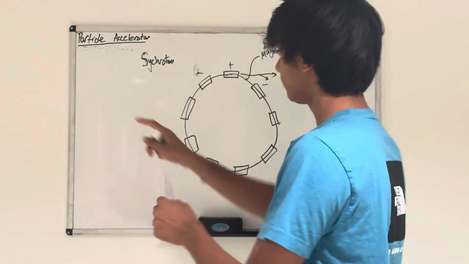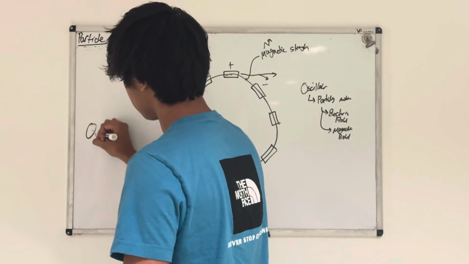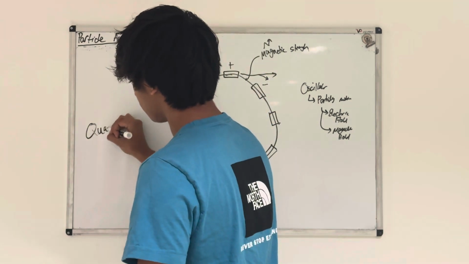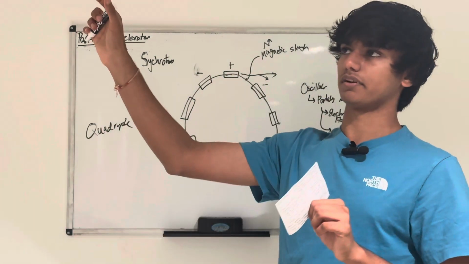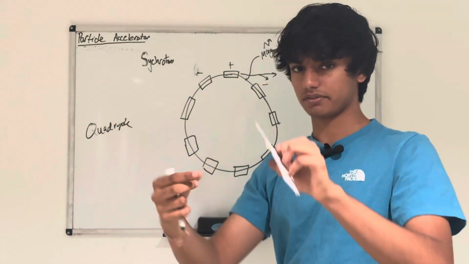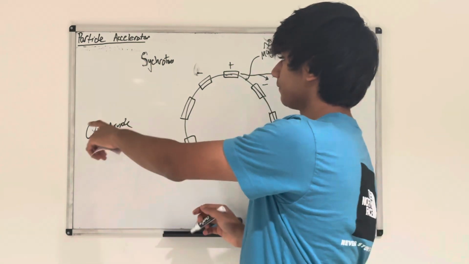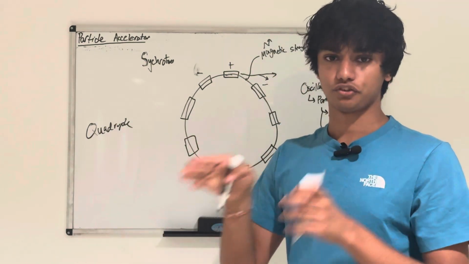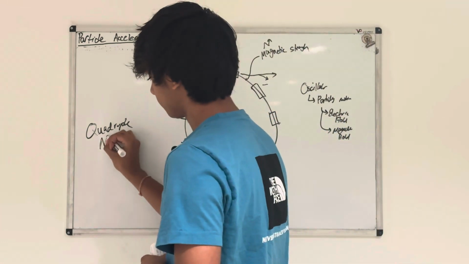One more thing, all these systems, these accelerators, they all have these things called quadrupole magnets. And a way you can think of quadrupole magnets is like a lens. So if you imagine the sun, to focus the light from the sun, you might use a lens to focus it in. The same way here, to focus a charged particle beam, a way people do that is through quadrupole magnets.